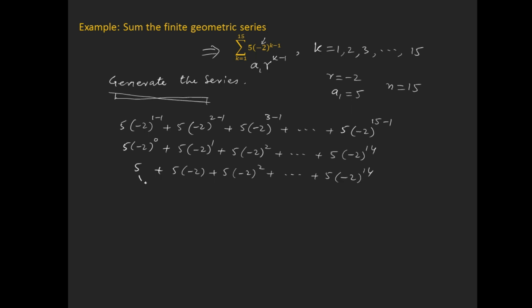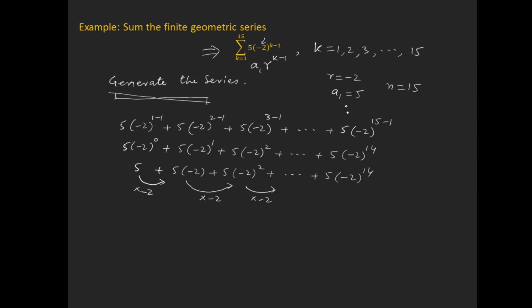So this first term 5 is multiplied by minus 2, and we get the second term, and then the second term is multiplied by minus 2, and we get the third term, and so on. If we multiply this again by minus 2, we will get the fourth term. So this is a geometric series because each time minus 2 is multiplied to get the next term.